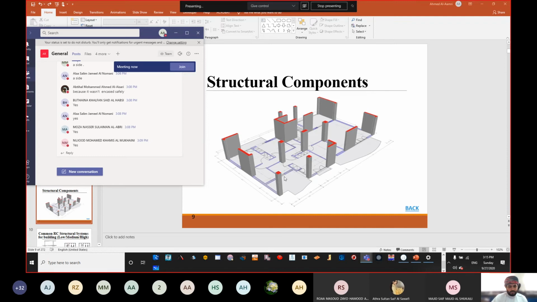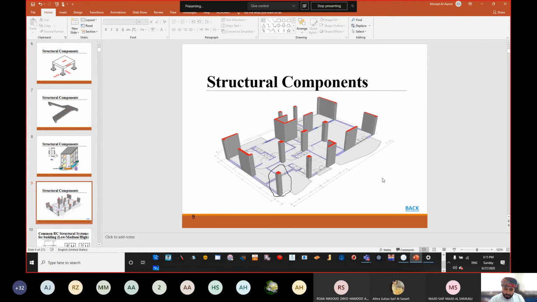Now, if you can see in this particular example, we have different vertical elements. You can see this is acting as my column. Now if you see here, this is acting as my shear wall, a single shear wall.